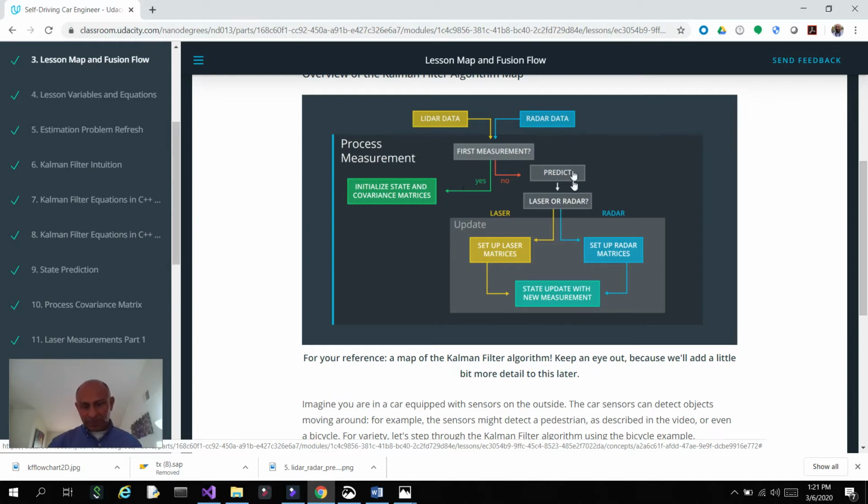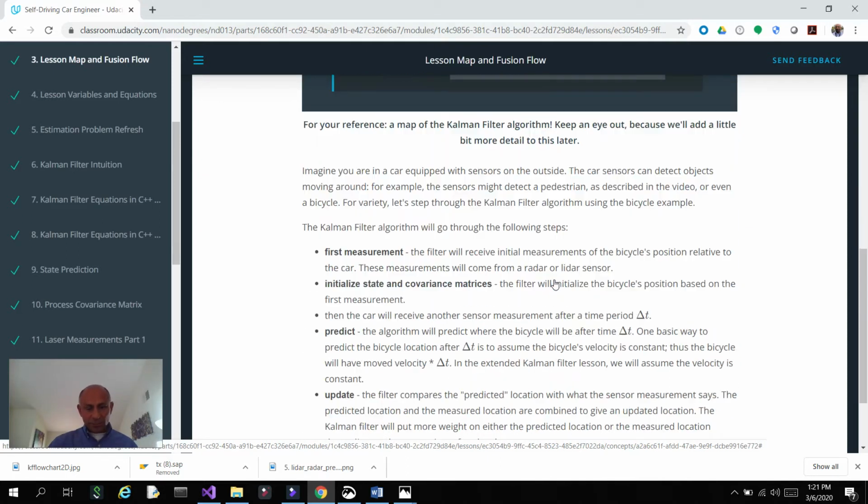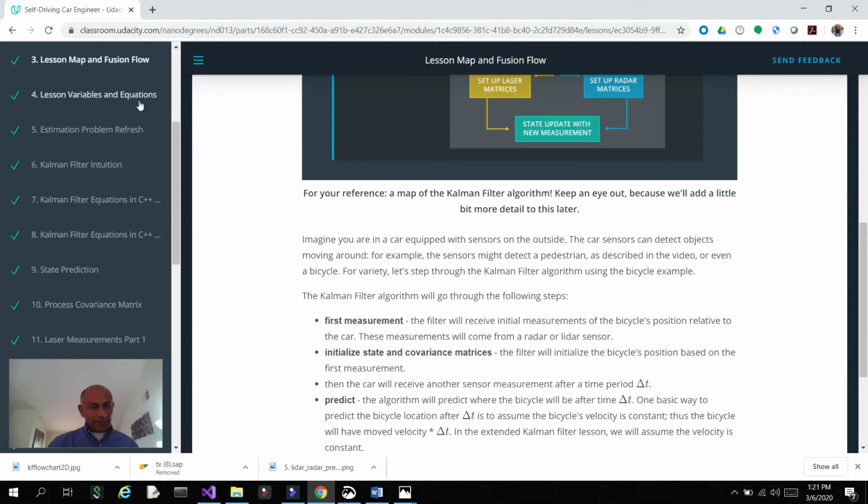Then we predict based on the functions that we saw and we'll see more of. If it's a laser measurement, we use one matrix. If it's a radar, we use another matrix, and then we update, and again the same loop keeps on going on.